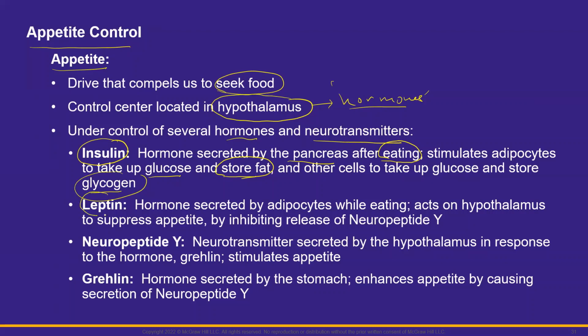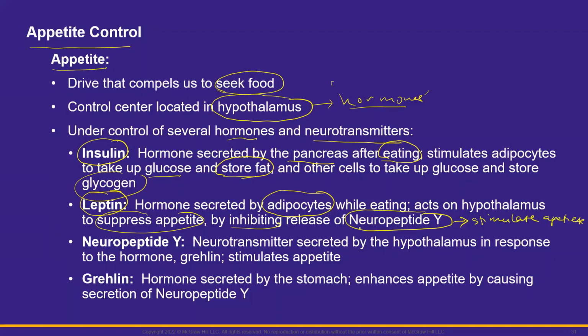Leptin is the hormone produced by the adipocyte, the fat tissue, while we are eating. It acts on the hypothalamus to suppress appetite by inhibiting the release of neuropeptide Y, the substance that stimulates appetite.